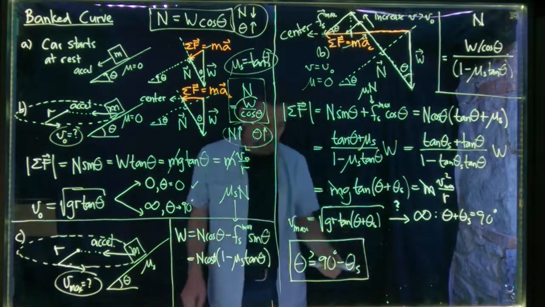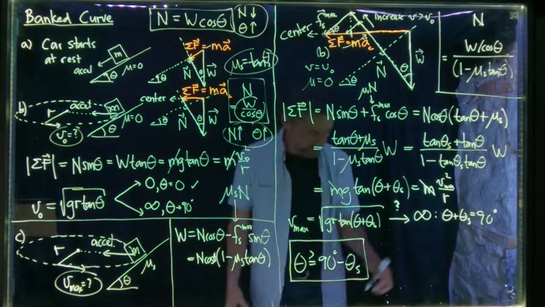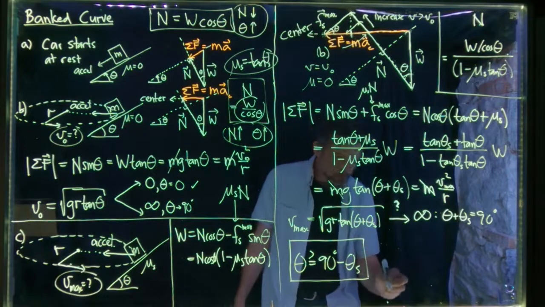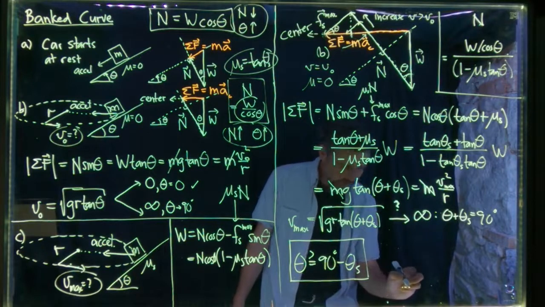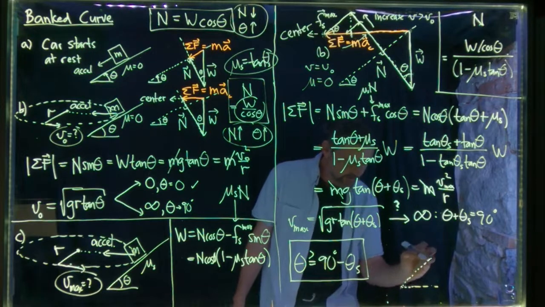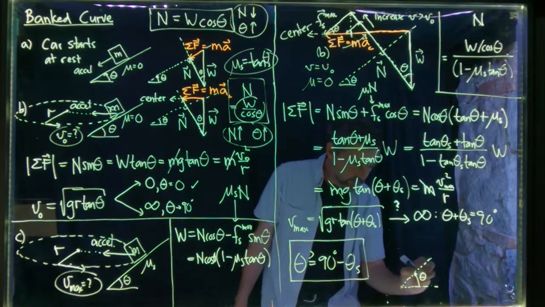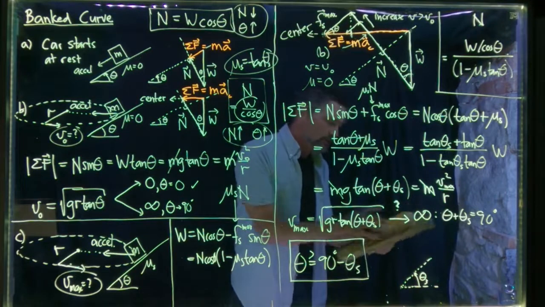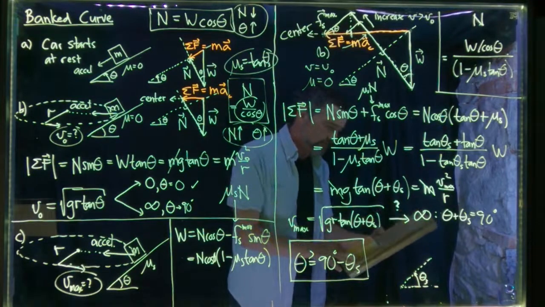Now, what I'm hoping is that this answer looks exactly familiar to the previous example. Let me just first of all draw the picture. So what it means is we've got here the ground. Suppose that this is theta static, say at about 30 degrees. So this is the angle at which, if the car's at rest, you would break static friction, okay?